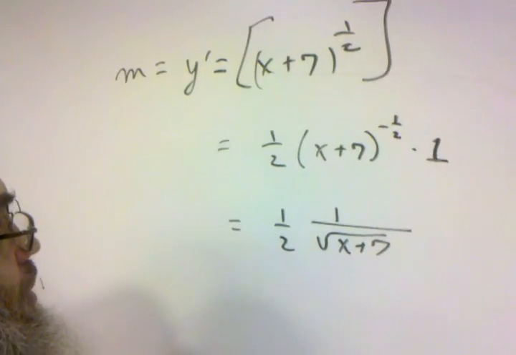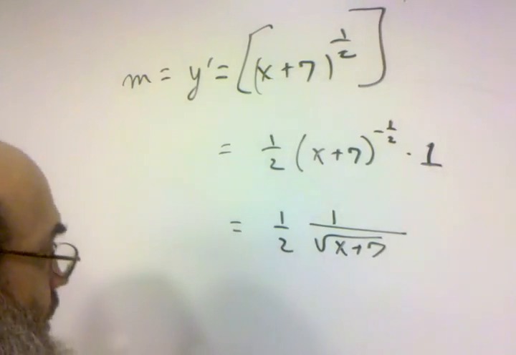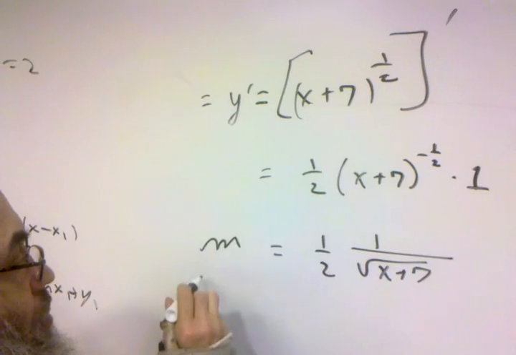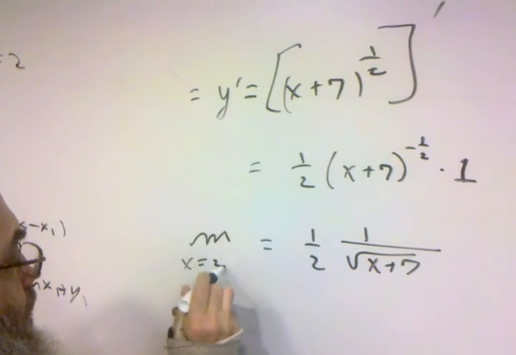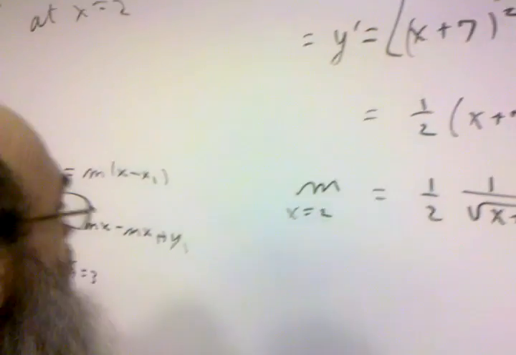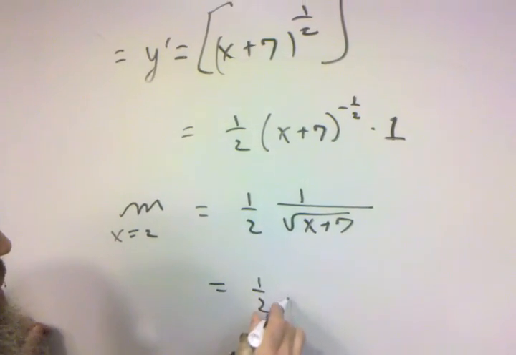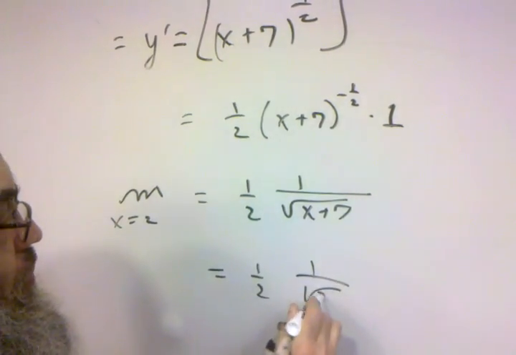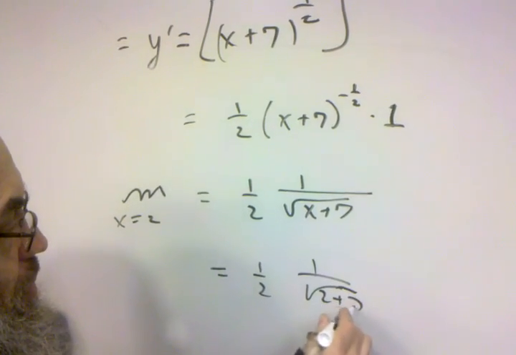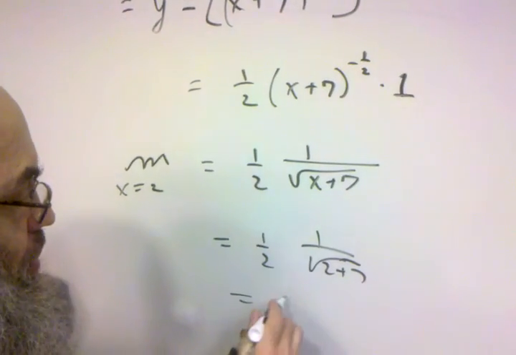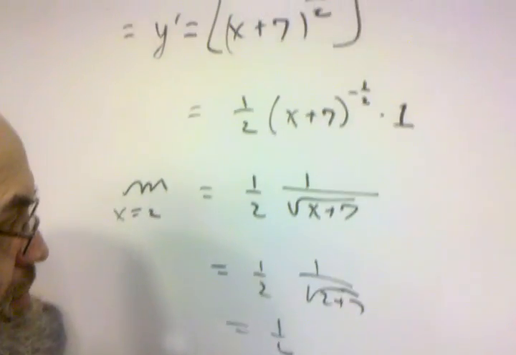I should really not have an m up here. I just say m is computed when x equals 2, because we want the tangent at this point. So I put in 2 there: 1/2 times 1 over square root of 2 plus 7. This is 9, square root of 9 is 3, so it's 1/2 times 1/3, so m is 1/6.